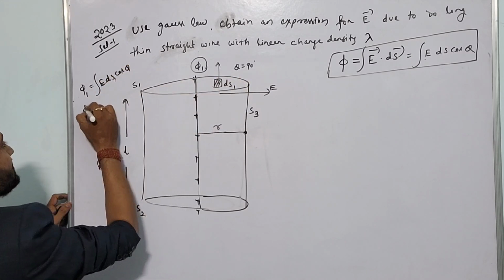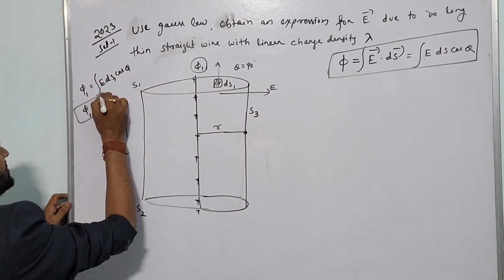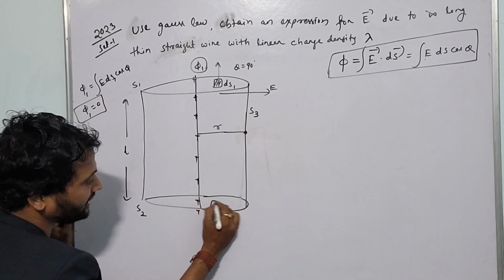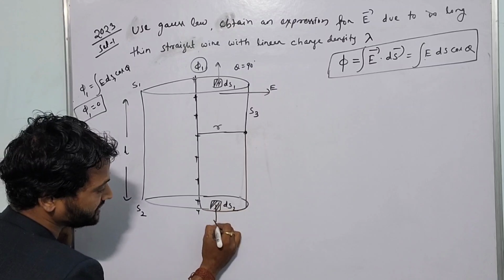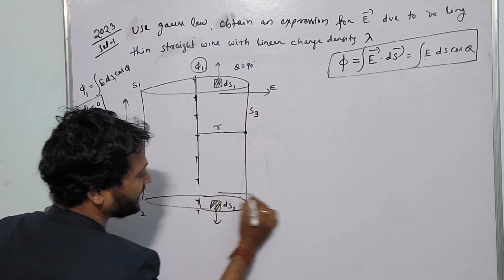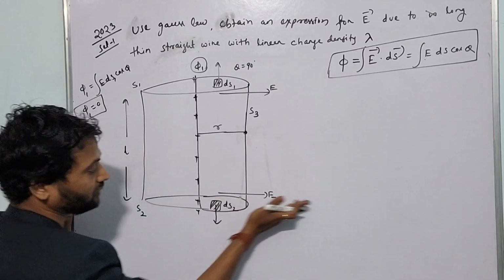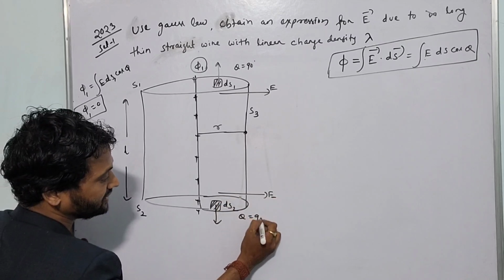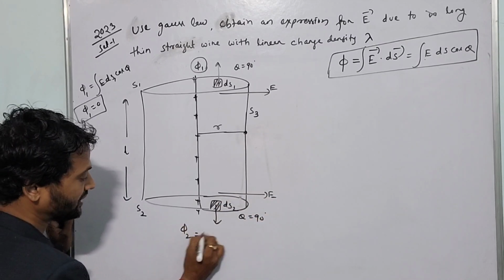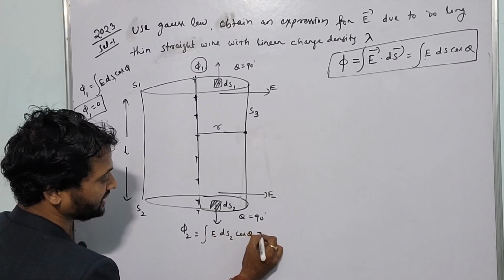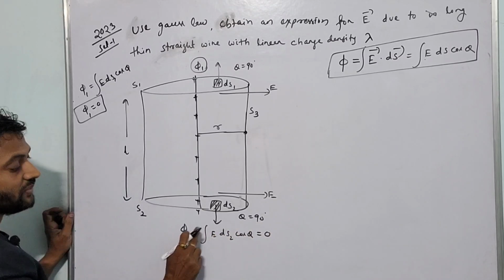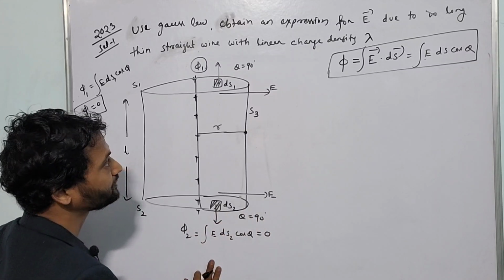Theta is 90 degrees, so flux phi 1 is 0. Similarly, we can take another small surface area ds2, the normal is downward, the direction of the electric field is away, and the angle is 90 degrees here. So what is phi 2? Integration of E ds2 cos theta. Since theta is 90 degrees, flux phi 2 is 0.